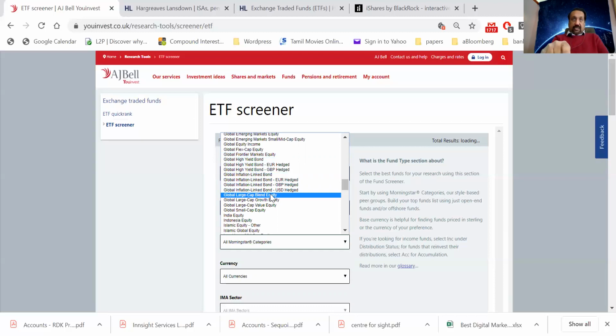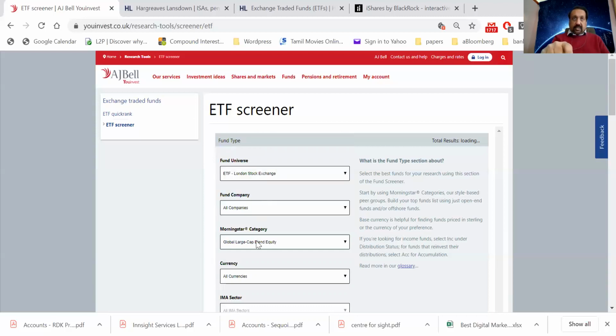So you've got global large cap, growth, equity fund, growth, value, small cap. These are the four things that you need to figure out. So let's stick to global equity fund, large cap, blend. That's the category that I have started with. So, global large cap.